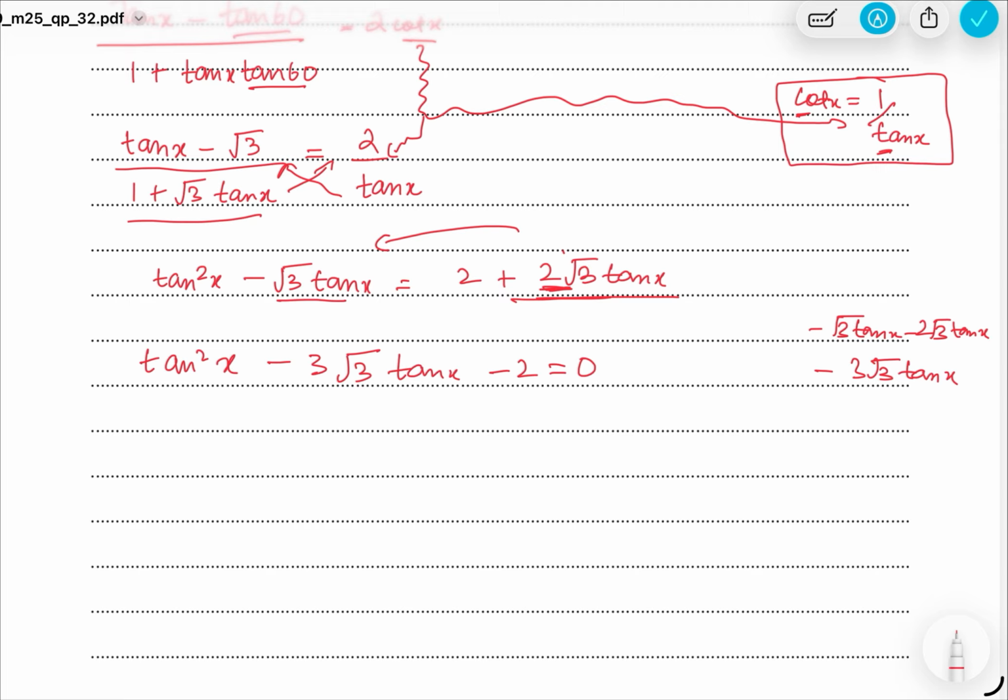Take tan x as u or y, whatever you want. I am taking as u. So u squared minus 3 root 3 u minus 2 equals 0.